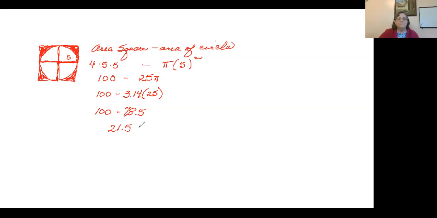So 21.5 square units is the area in red. There's always lots of ways to do it.